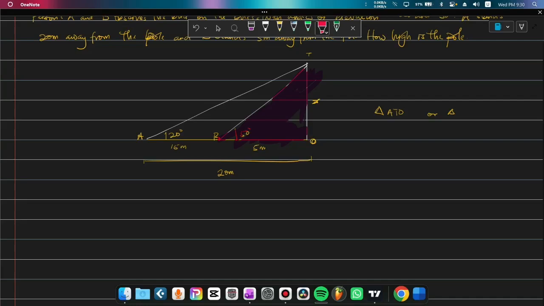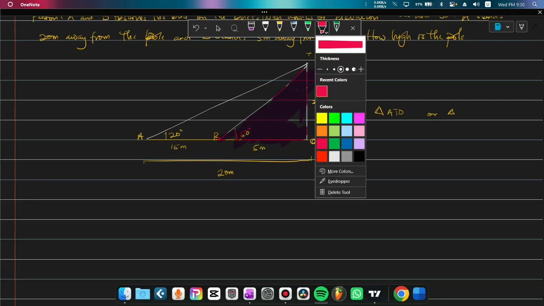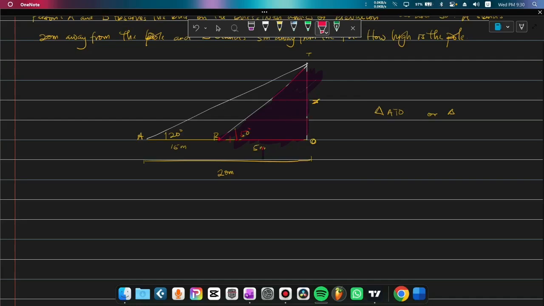Sorry, let me adjust the size of my marker, this my brush. So I could use this triangle to find the height of the pool, or I could use the entire thing.